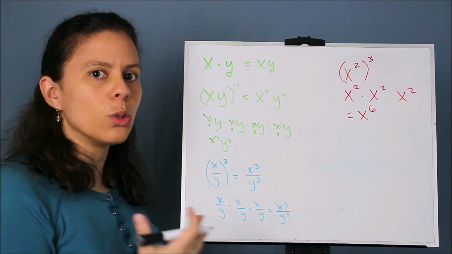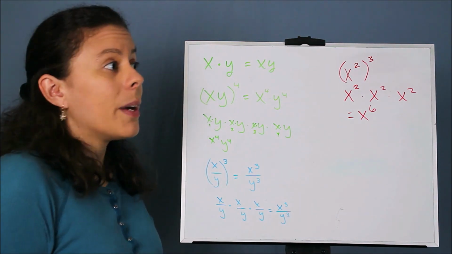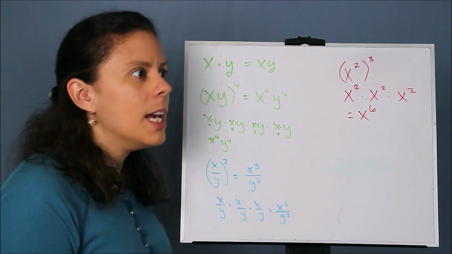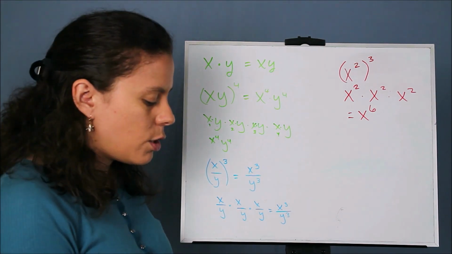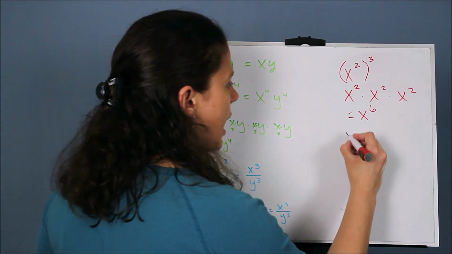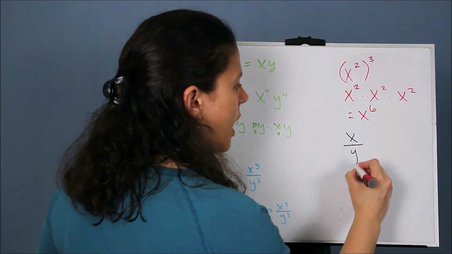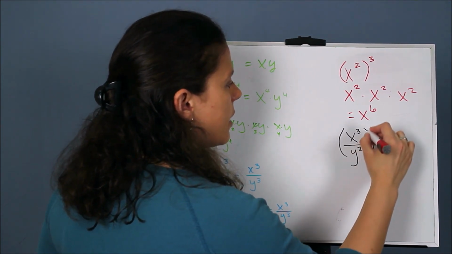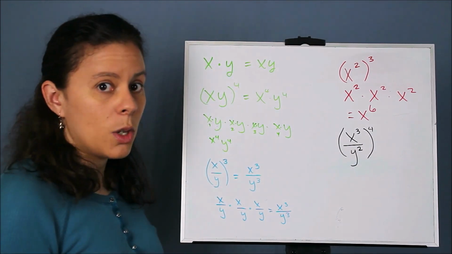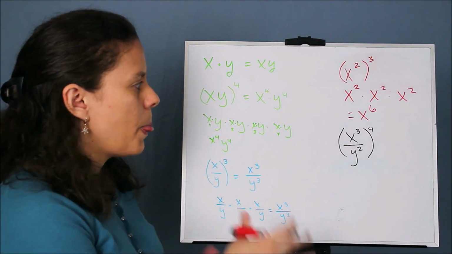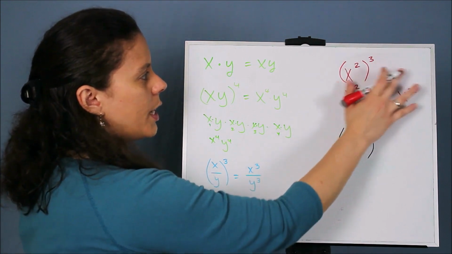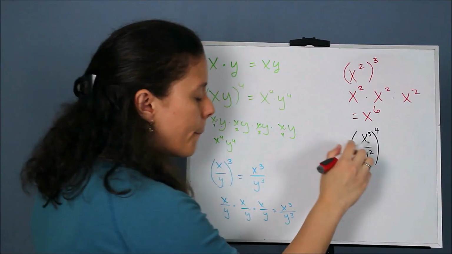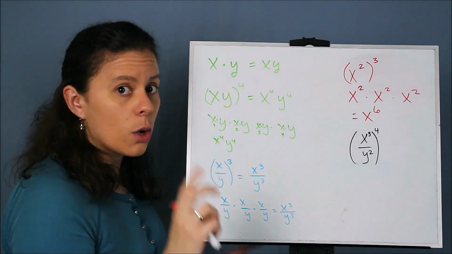Now, if we mix up the rules a little bit, that's when it gets a little bit complicated, but it's not really, because if you know these rules by heart and you really know what's happening, then there's no reason to freak out. So let's suppose that I have x over y, I'm just going to say to the 2nd power here, to the 3rd power here, and this is all going to be to the 4th power. Well, that's going to be kind of hybrid, right, between this part and this part right here, right? So based on these two rules, we know two things.